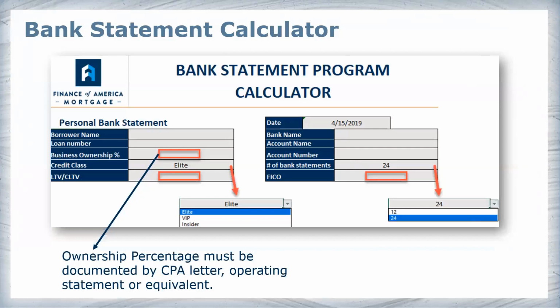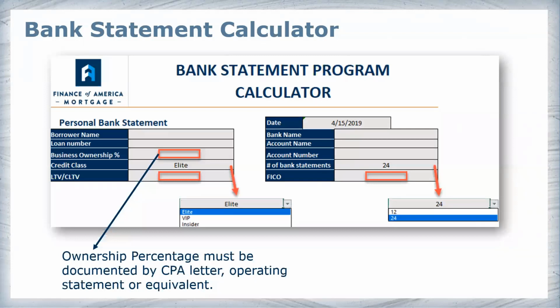Besides the borrower's name, loan number, and account name and number, you need to enter the business ownership, the LTV, their FICO score, and select the credit class and number of months of bank statements, with the minimum being 12 months. This information will be used in validations throughout the worksheet, as well as calculating income.